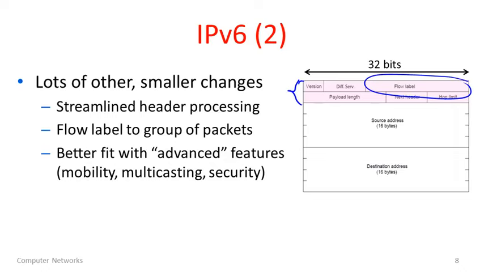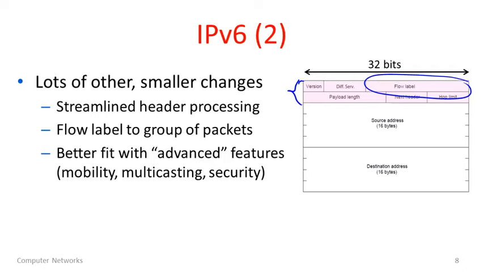This is almost a little like a virtual circuit, just without any of the setup. If we do this, then we almost have a basis for the network to treat all packets with the same flow label in the same way. It might route them the same way through the network, forward them the same way through the network, or it might try and do different things in terms of congestion or priority with them in the same way. This is mostly in the future, and this is to do with quality of service. We'll probably get to that later.